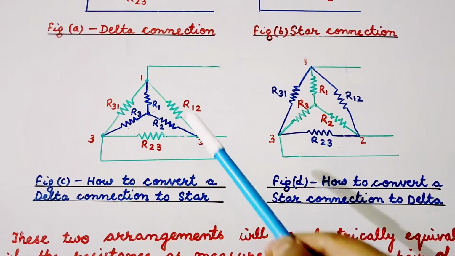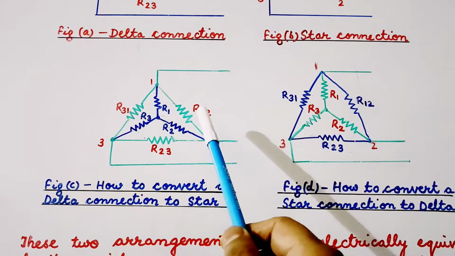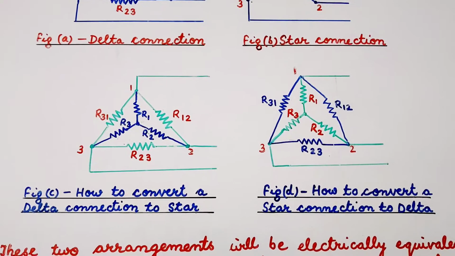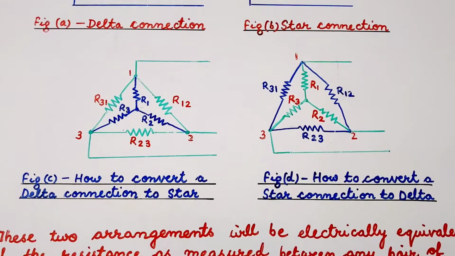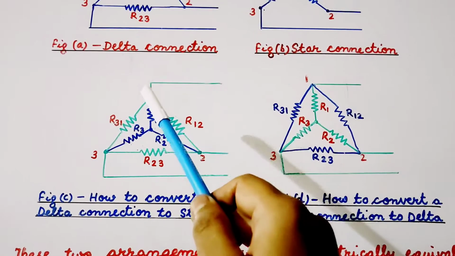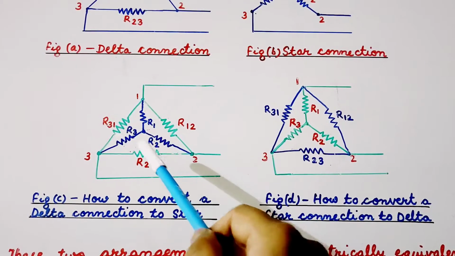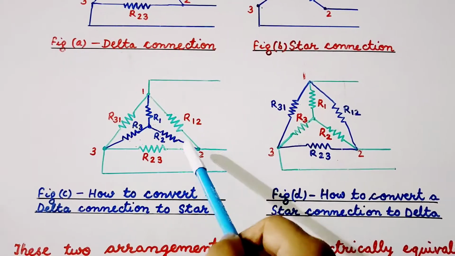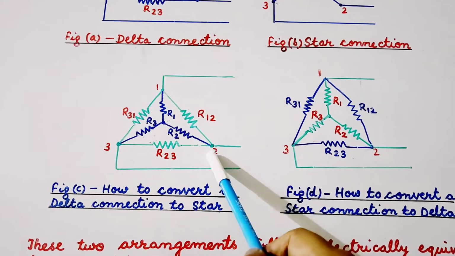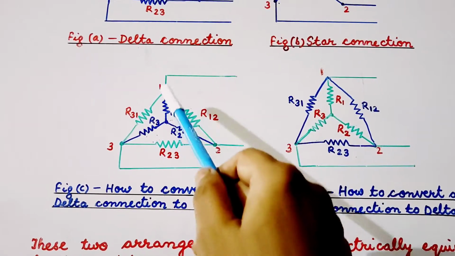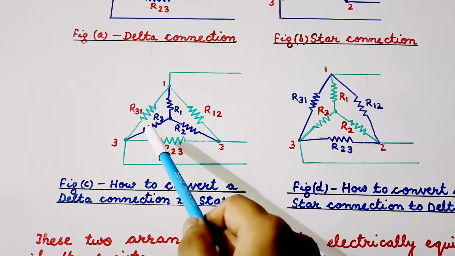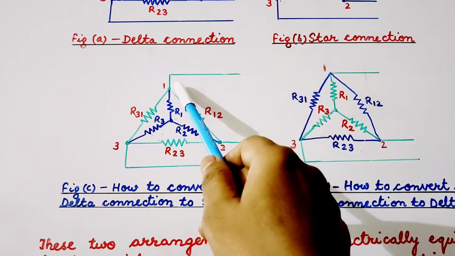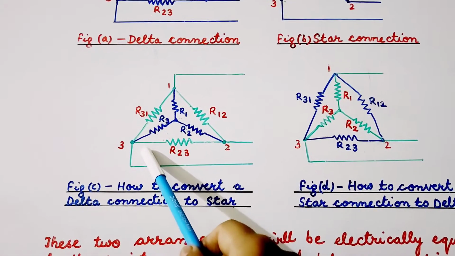If we are given a delta connection, that is, we are already given the values of R12, R23 and R31 and we want to convert it into star, then we simply connect the three resistances R1, R2 and R3 between the terminals 1, 2 and 3 in this way. That is, we are converting the delta to star. So we have connected the three resistances R1, R2, R3 in star between the same three terminals 1, 2 and 3.